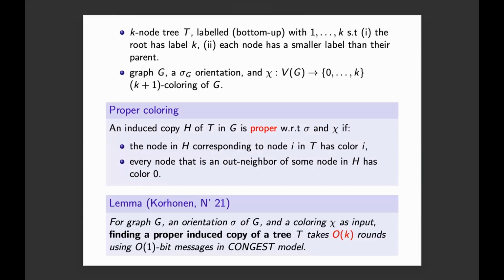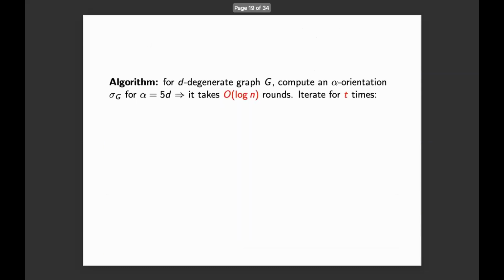In this case, we are able to find a proper induced copy of T in CONGEST. The algorithm takes O(k) rounds. Let me leave the lemma without its proof and jump to the details of the algorithm.